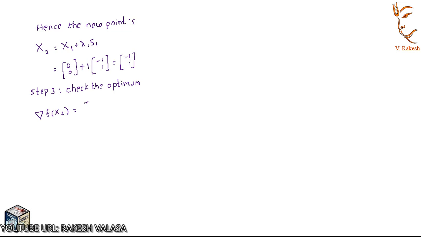We get minus 1 plus 1, that is not equal to 0 0. You can substitute these x2 values in the previous delta f x.